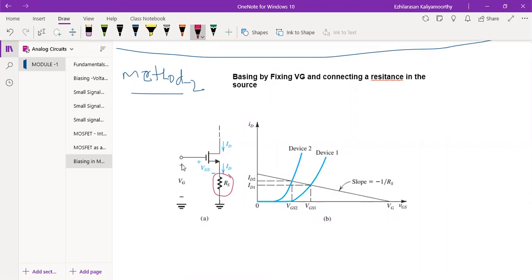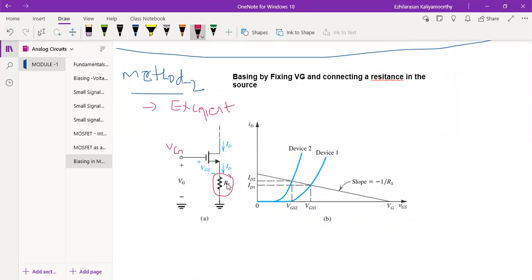VG is fixed, and we connect a resistance in the source terminal. This is an excellent bias circuit for discrete MOSFET circuits, consisting of fixing a DC voltage at the gate, the VG, and connecting a resistor in the source.